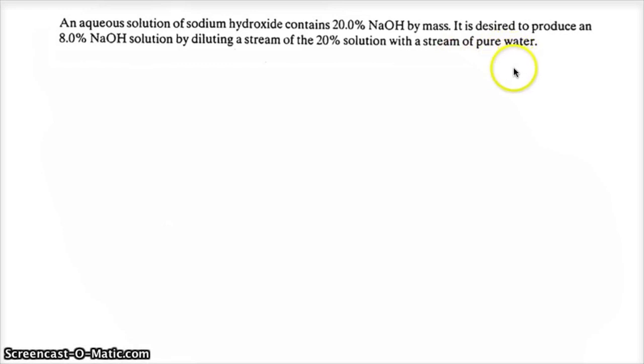So now the input is 20% sodium hydroxide solution, and they want to dilute it to 8% by diluting it in a stream of pure water. So the input is sodium hydroxide and the water, and the output is the 8% sodium hydroxide.